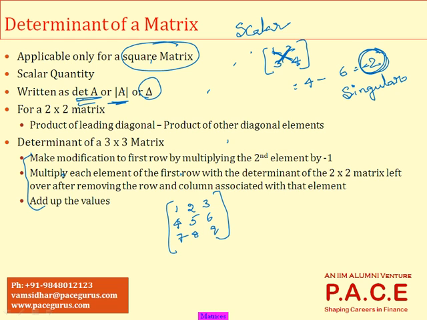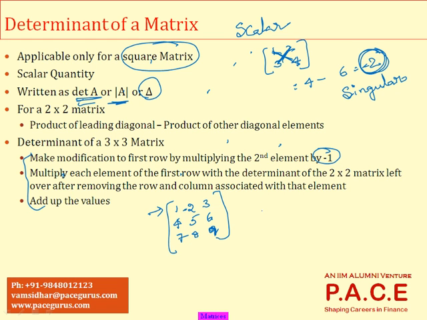The first step is to look at the first row. In the first row, make the middle element minus. That's the first thing. Make the middle element, the second element, change the sign of that. Whatever it is, change the sign of that.